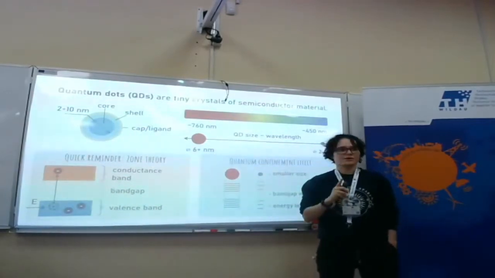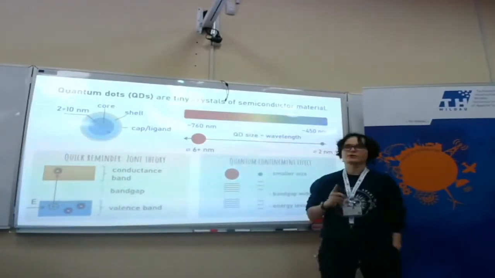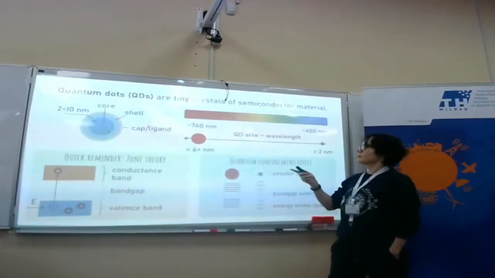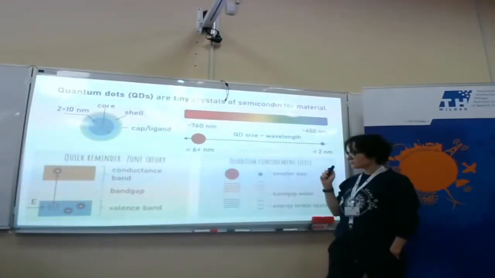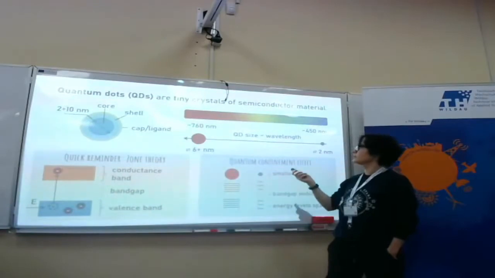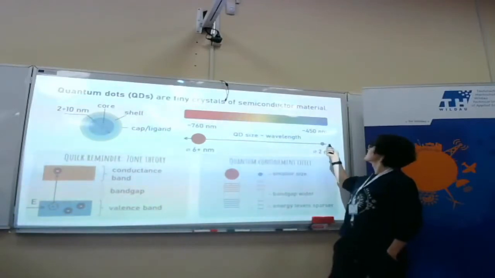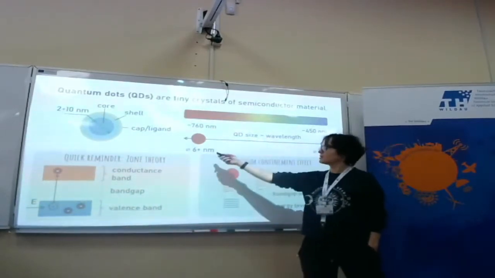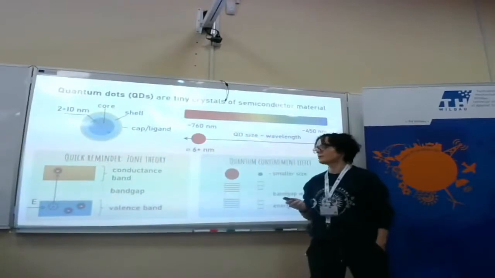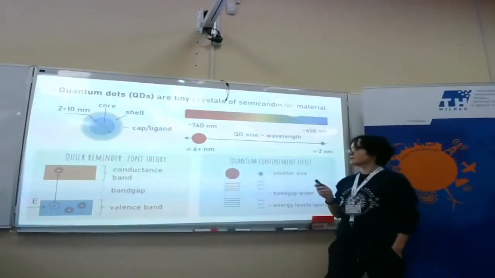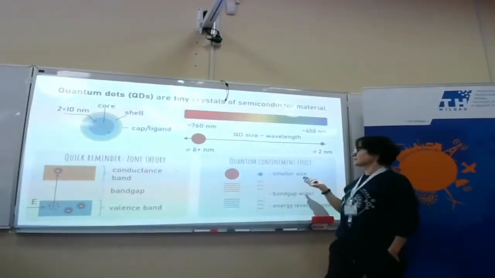And a fascinating property of quantum dots is that the color that they emit can be changed solely by controlling their size. The smallest quantum dots emit bluer light, and larger quantum dots emit redder light. That happens because of a quantum confinement effect.